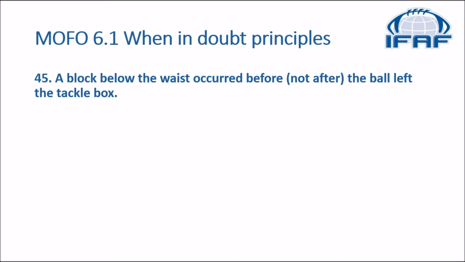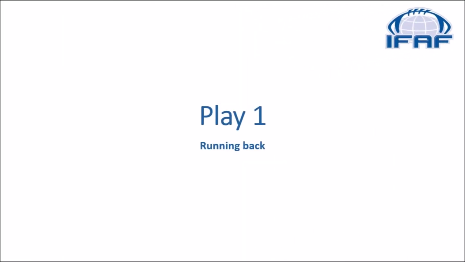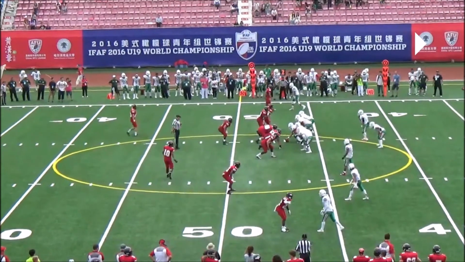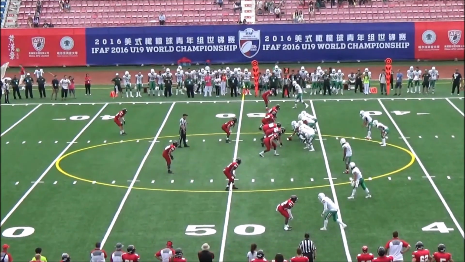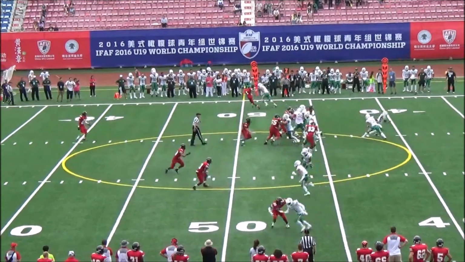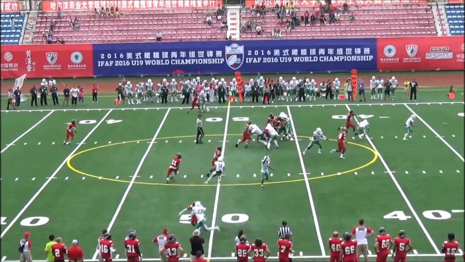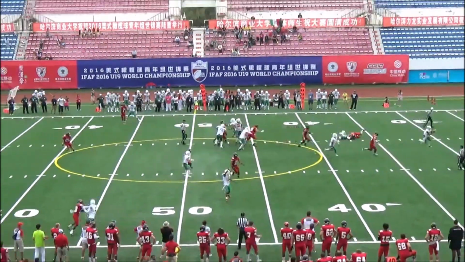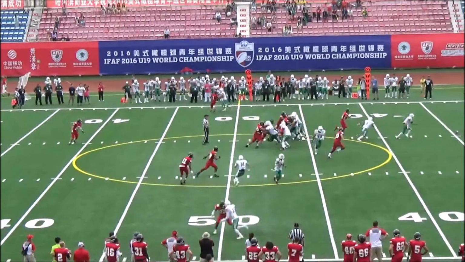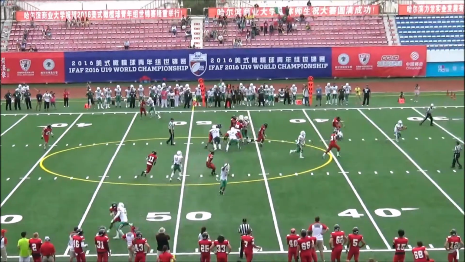Now let's have a look at some game film. In this first clip, we're looking at the running back, and we'll notice, and this is general for most peel back blocks, they happen when the play is extended for some reason or doesn't go the way it was supposed to. So if we see the running back here, this block is from the side, which makes it illegal also.